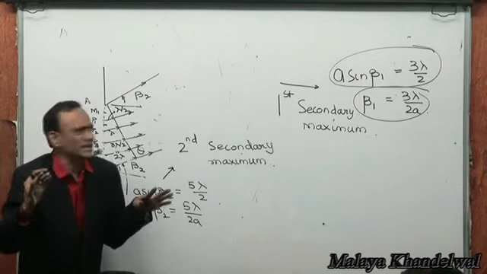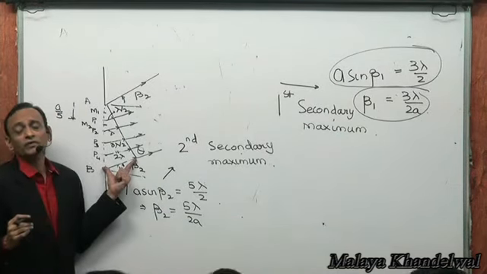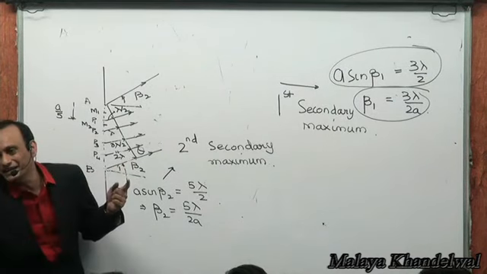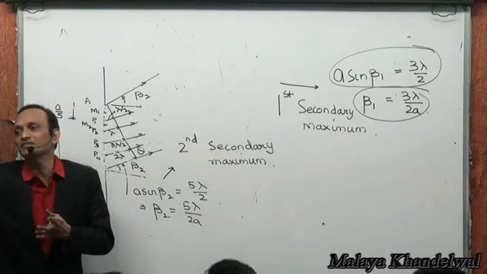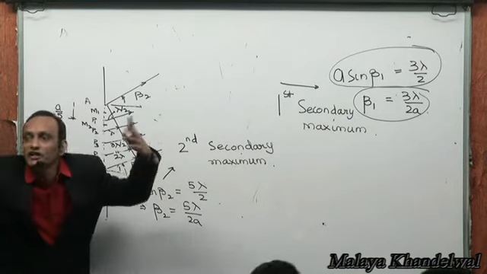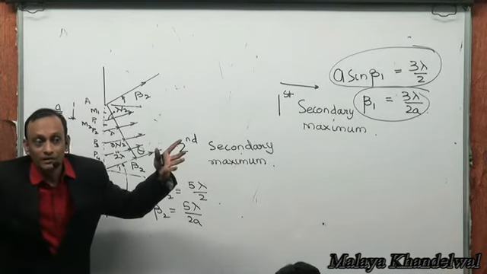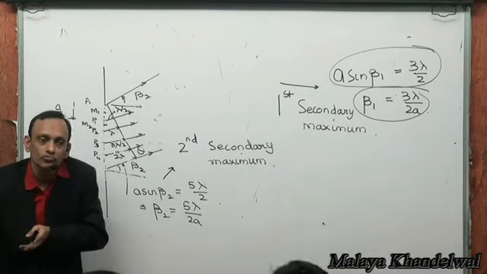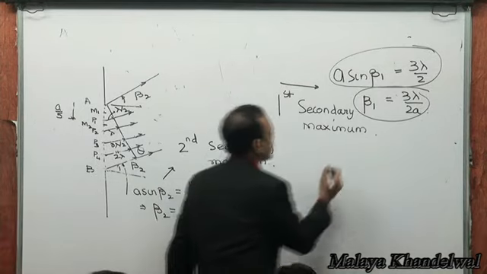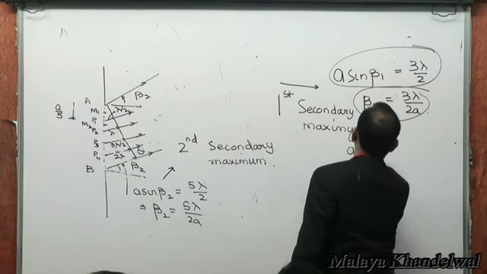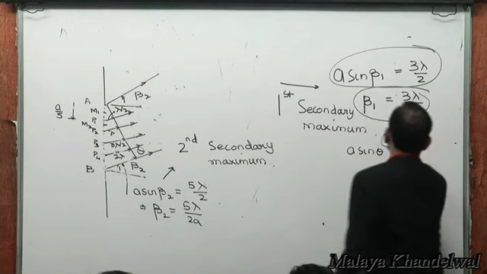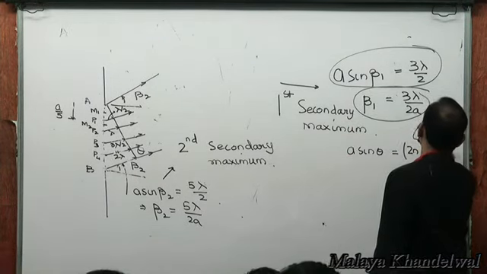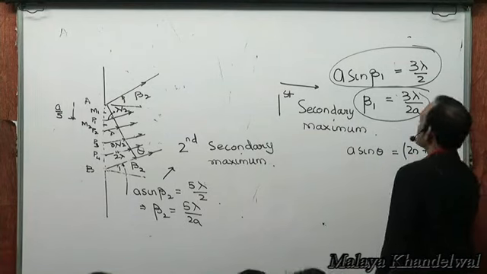And in a very general sense, next I could have said, well, 7 lambda by 2, break it into 7 equal parts, there will be one unattended part, 1/7 of the energy will reach, that will give me the third secondary maximum, which will be less intense than the second secondary maximum, and so on and so forth. Yes or no? So in a very general sense, A sine theta equal to an odd multiple of lambda by 2 will give me secondary maxima.